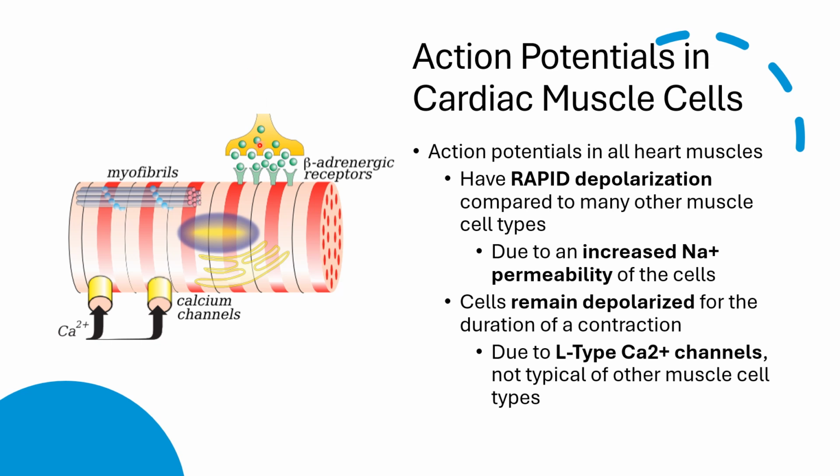Action potentials from nerves in all heart muscles have rapid depolarization compared to any other muscle cell type that we have. And that's primarily related to increased sodium permeability in the cardiac muscle cells themselves. So cardiac muscle cells are more susceptible and more capable of taking in sodium to get the process of depolarization started.